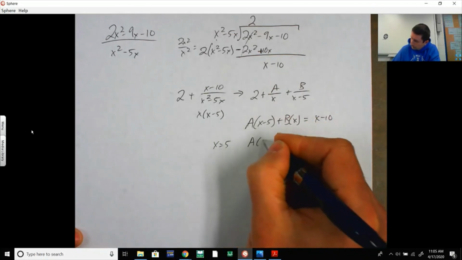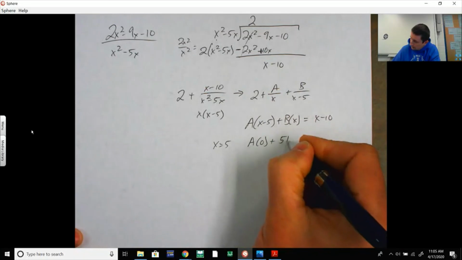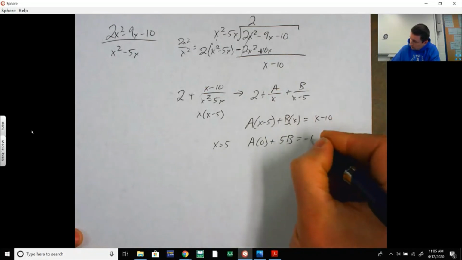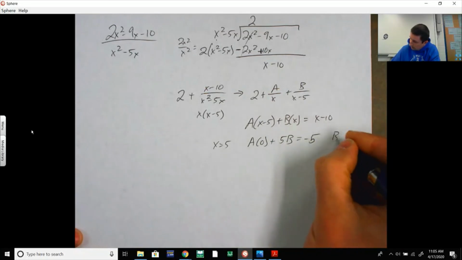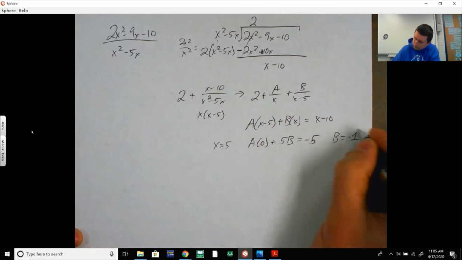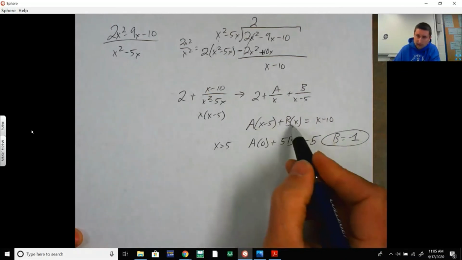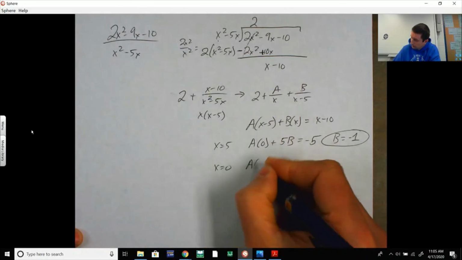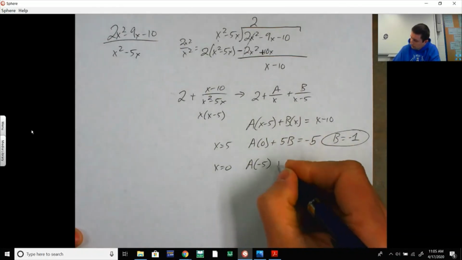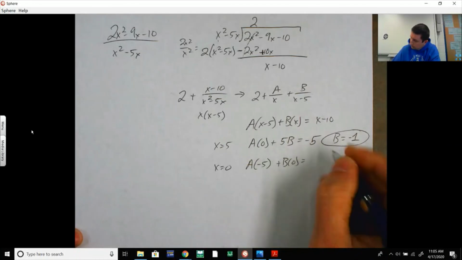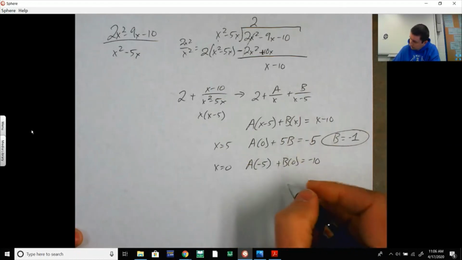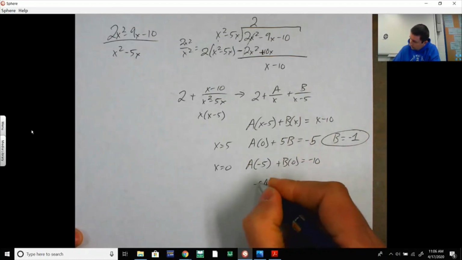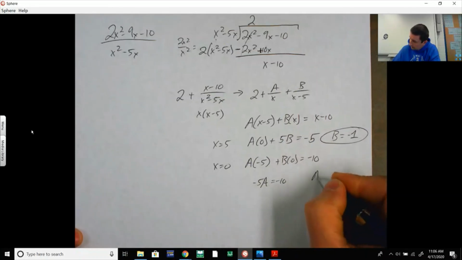So that's a times 0 plus 5b equals 5 minus 10, which is negative 5. So b equals negative 1. Now I come back. In order for the b to cancel off, x has to equal 0. So this is a times negative 5 plus b times 0 equals 0 minus 10, which is negative 10. So negative 5a equals negative 10, and a equals 2.